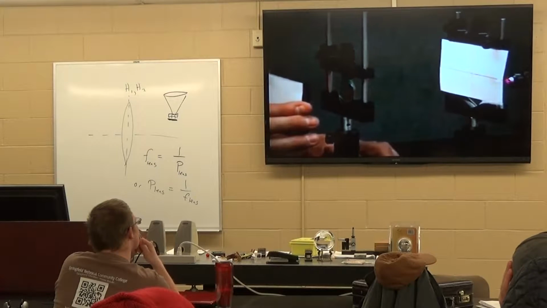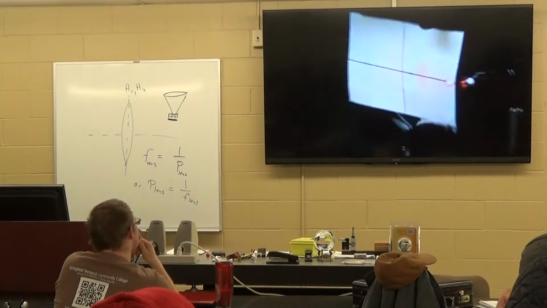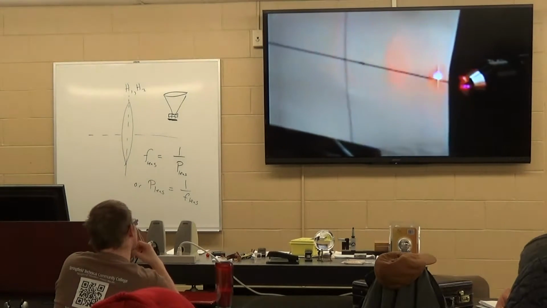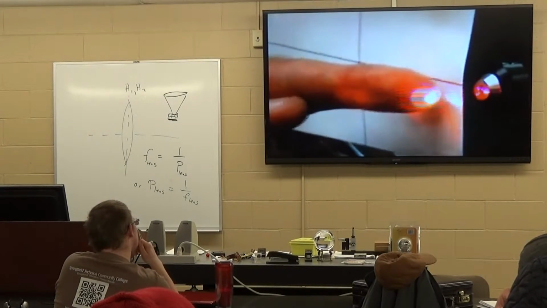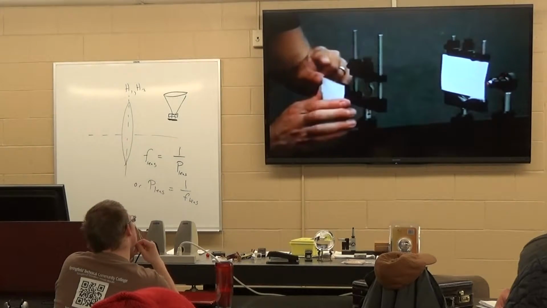So I want to find a spot at which the reflected light just comes to a point off axis. What's happening here is the light, as it's expanded by the microscope objective, spreads out, comes through the lens, and is collimated.